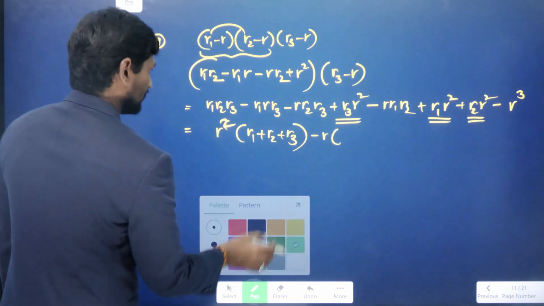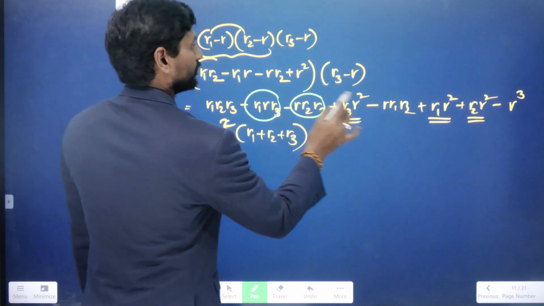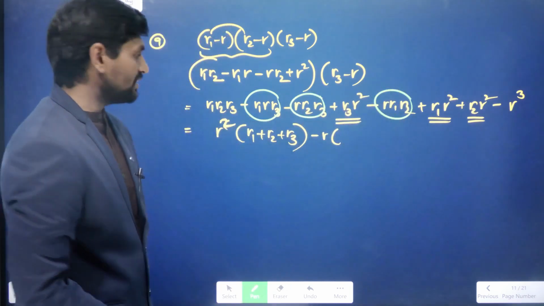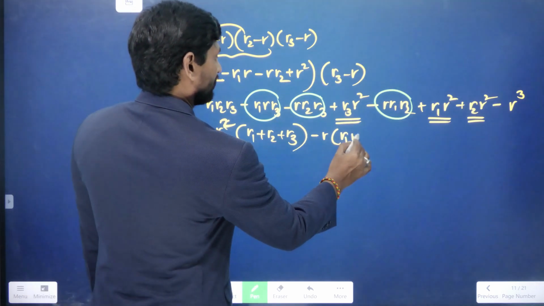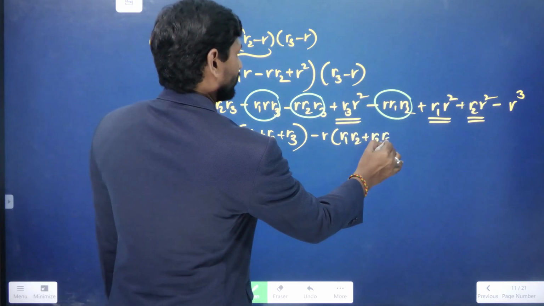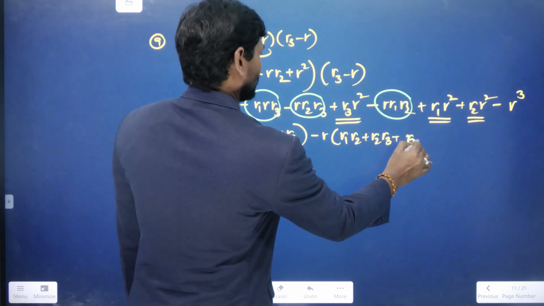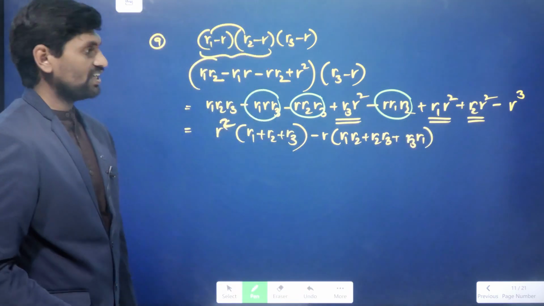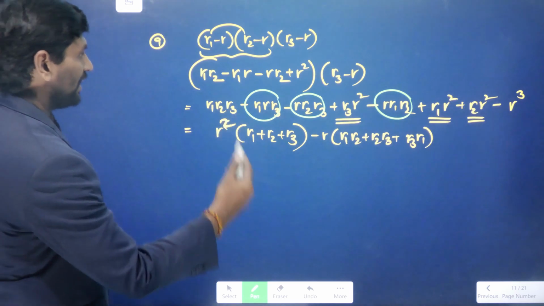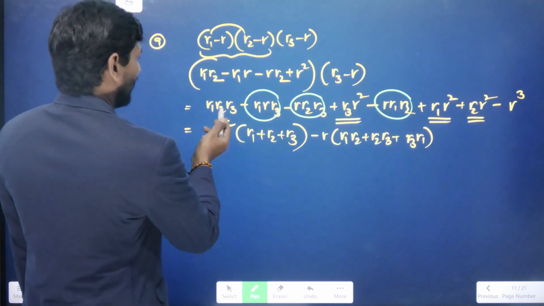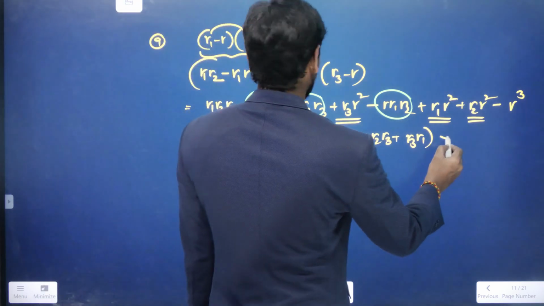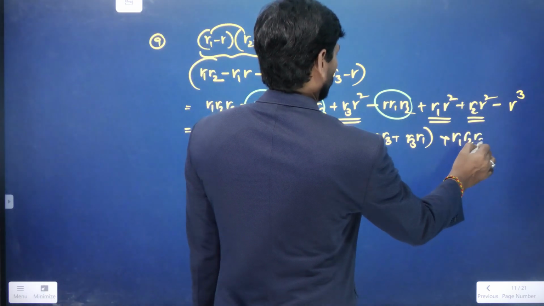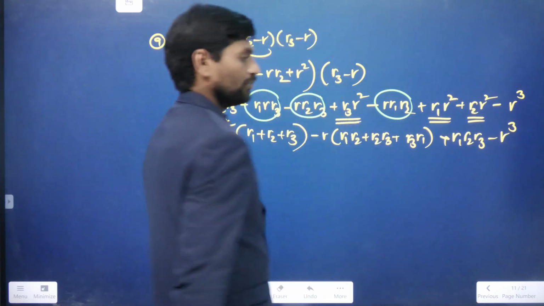So what will remain? r1 r2 plus r2 r3 plus r3 r1. Okay. And what are remaining? Minus r cube and r1 r2 r3. Only 2 terms are remaining: plus r1 r2 r3 minus r cube.